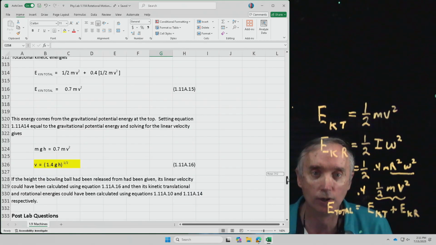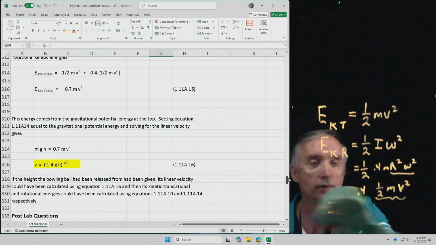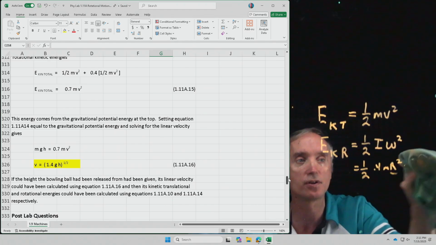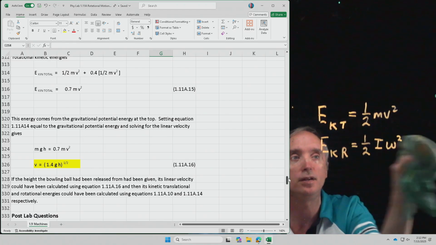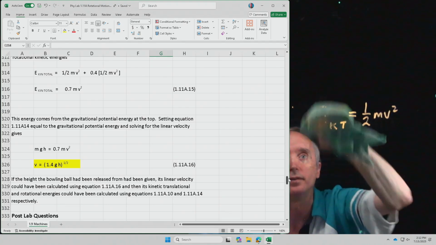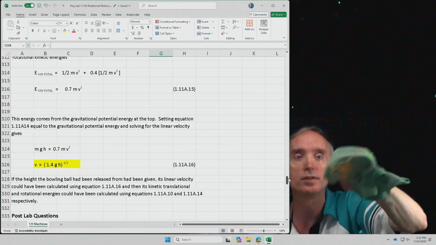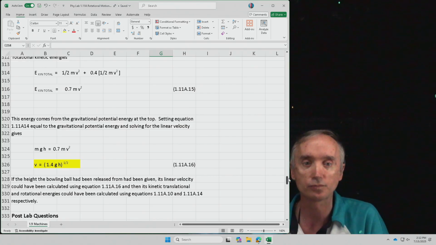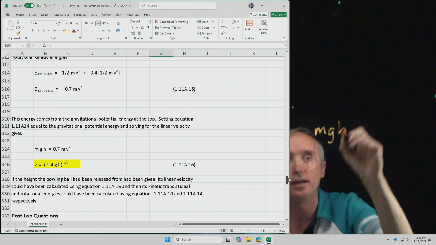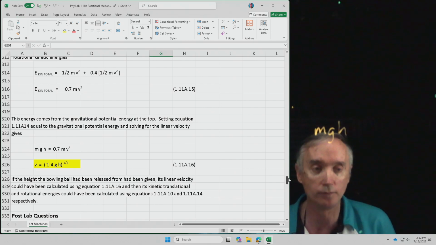Okay, now we're going to use conservation of energy. Conservation of energy says the energy that you start with has to equal the energy that you end with. So what kind of energy did we start with? It was potential energy, so it was mgh, where h was the height that the bowling ball was released from.